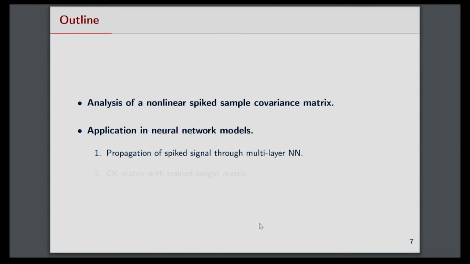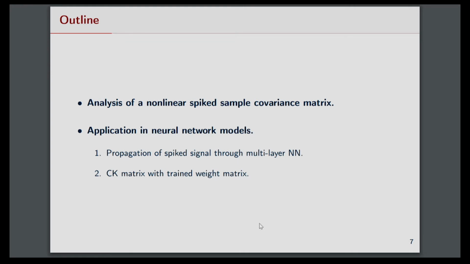Then in the second part, I will talk about the application in neural networks. First, we will consider the case where the data set has some spike structure, and how it propagates through this random neural network with multiple layers. In the second part, we will apply this spiked sample covariance matrix to understand the trained CK matrix in the two-layer neural network. Okay, so that's the plan.